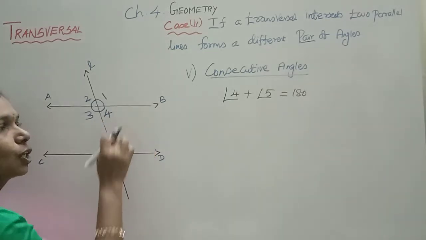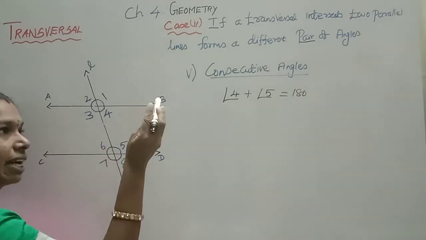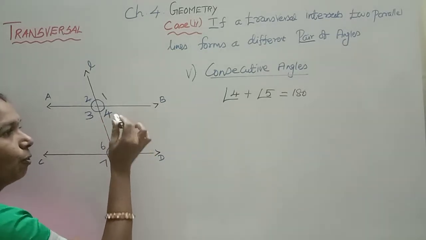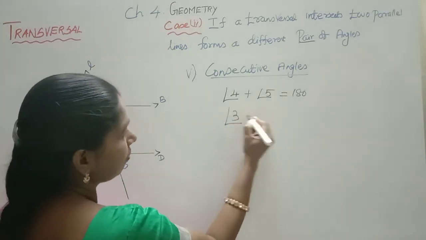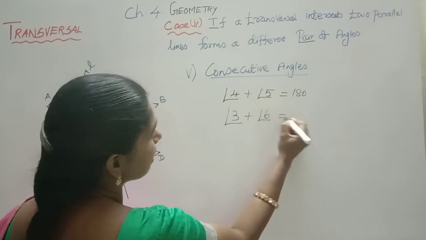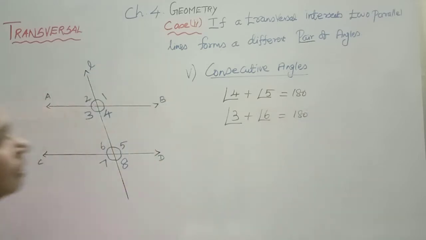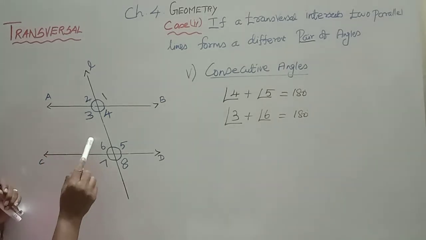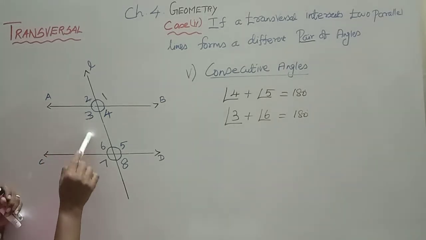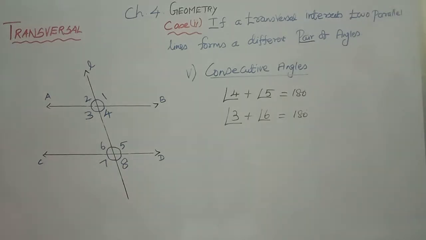Another name is co-interior angles also. Consecutive angles are co-interior angles. Angle 4 plus angle 5 equal to 180 degrees, and here angle 3 plus angle 6 is equal to 180 degrees, which lies interior to the transversal.